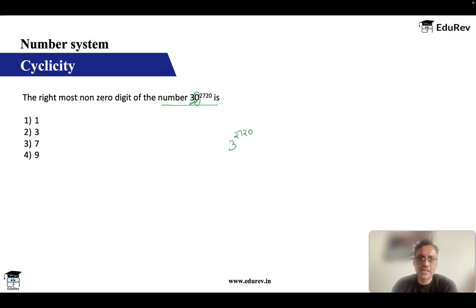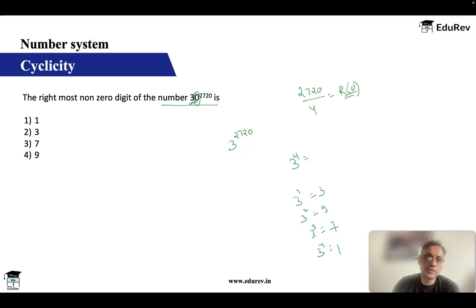So 3 has a cyclicity of 4. 2720 divided by 4 gives a remainder of 0. So the last digit will be the same as 3 to the power 4. 3 to the power 1 is 3, 3 square is 9, 3 cube is 9 into 3, 27, and 3 to the power 4 is 7 into 3, 21.